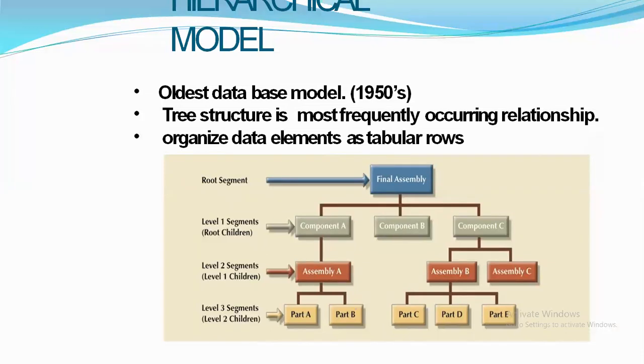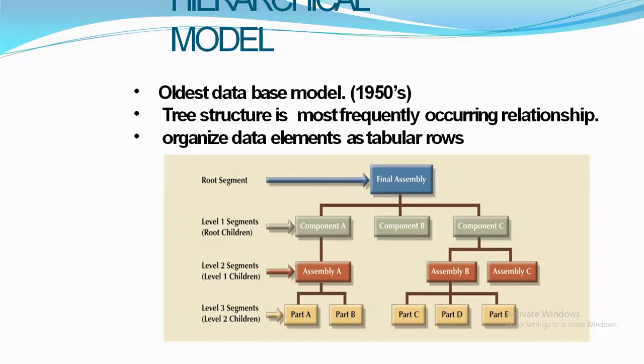The top node is the final assembly, and the bottom nodes, part A, part B, part C, part D, part E, are the leaf nodes. Between all these are the intermediate nodes. This is the oldest model used in database systems.